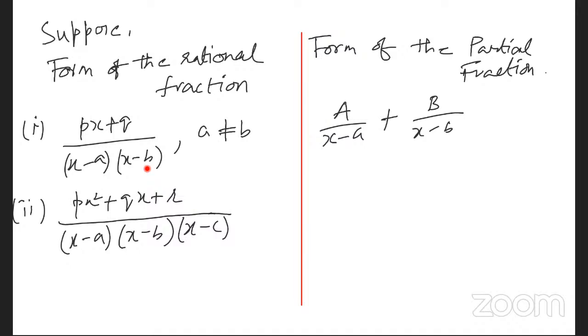How do you write this in the form of partial fractions? It is A by x minus a plus B by x minus b plus C by x minus c. So this is how the rule works out. Now we shall do a problem based on this rule.